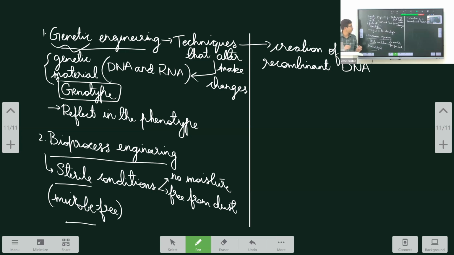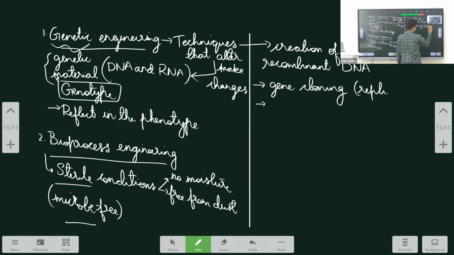Apart from that, you will also see these techniques employed for gene cloning. By gene cloning, you will be able to replicate the organism.